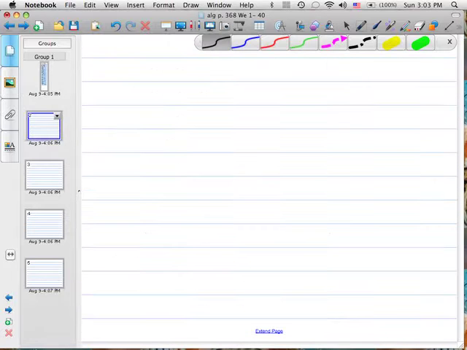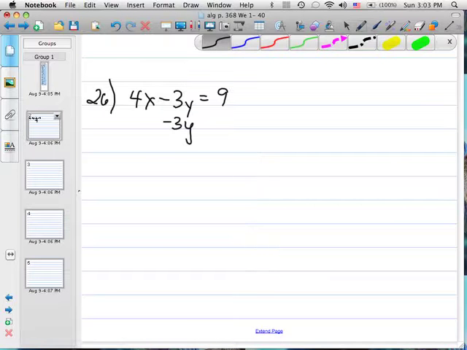Problem number 26. We have 4x minus 3y equals 9. So we're going to subtract 4x from both sides, so we get -3y equals -4x plus 9. Solving for y, we're going to have to divide by -3.